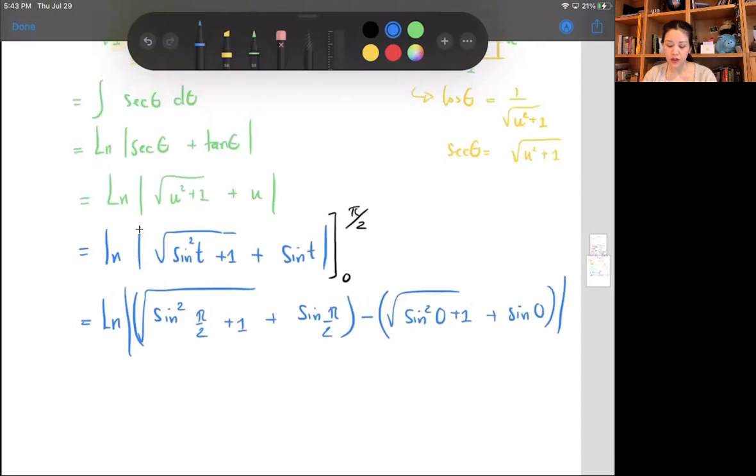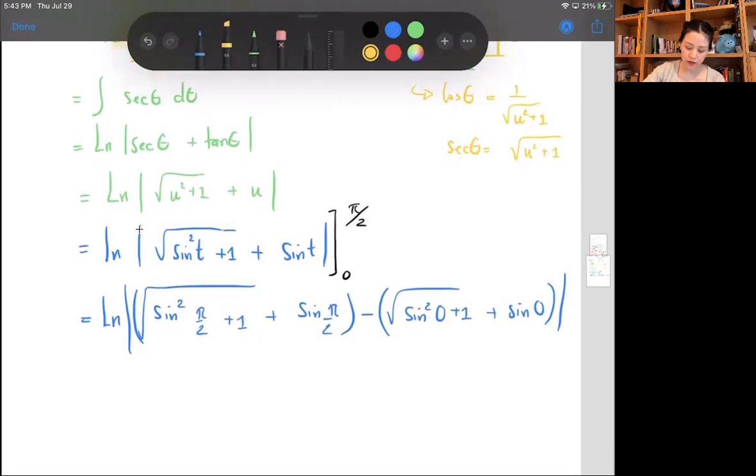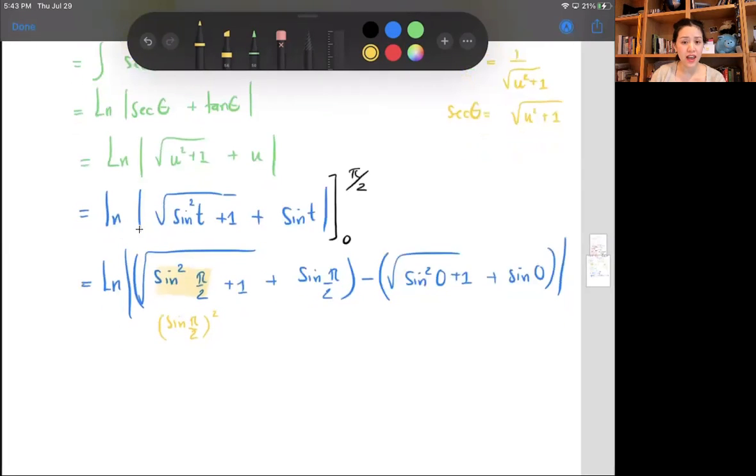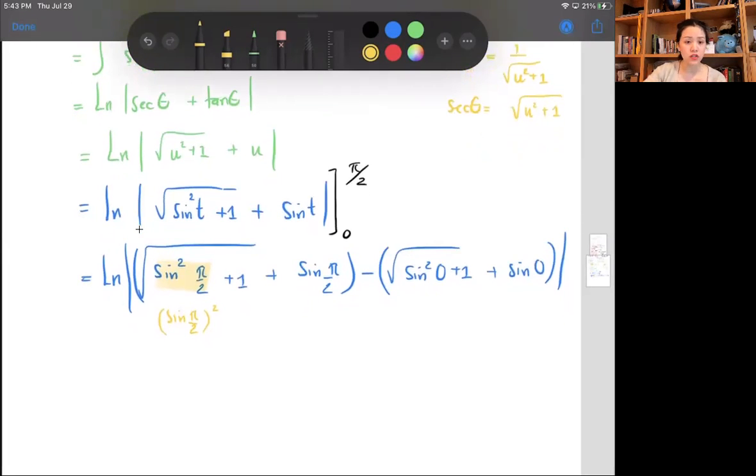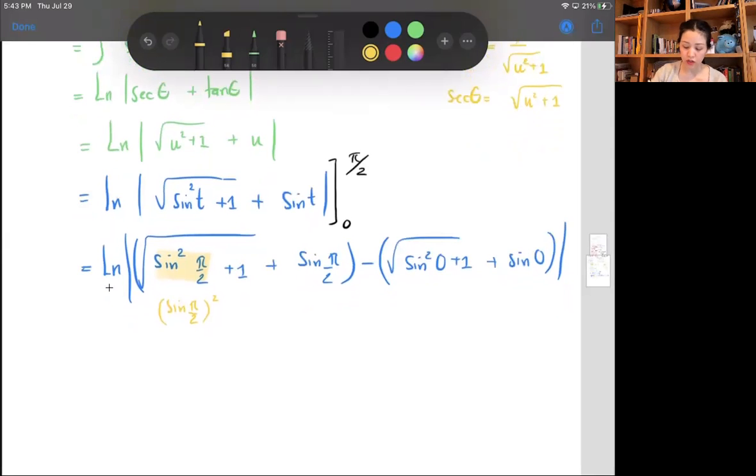Now we're going to do some simplification. Psi of pi half is 1, and 1 squared is 1, and 1 plus 1 is 2, so that will be the square root of 2.